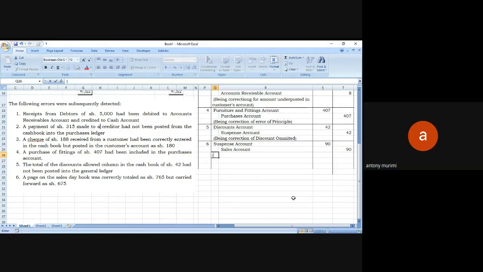And then we close this by adding the narration: being correction for underposting in the sales account.